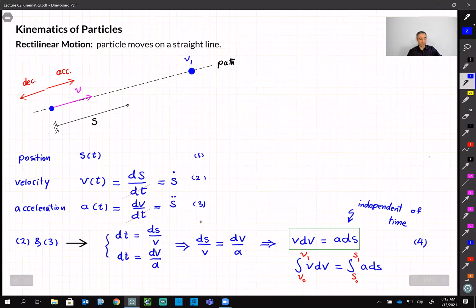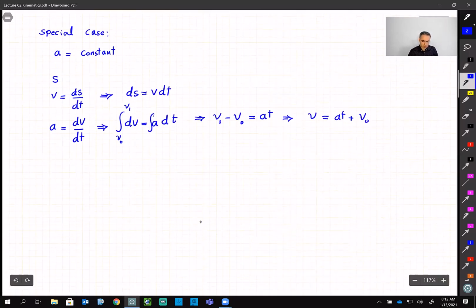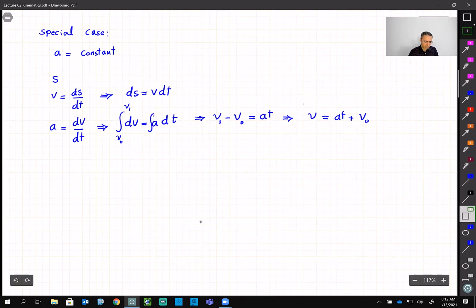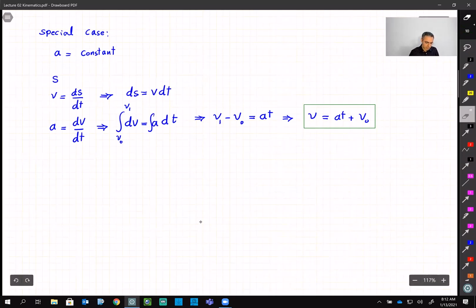So now that I have the velocity, v equals at plus v0. For some reason my pen doesn't work properly today. So in general, we say any velocity after point 0.